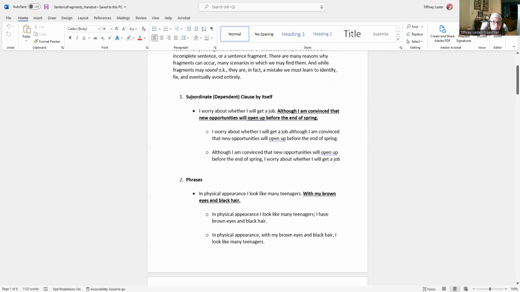Sometimes we end up with a sentence fragment because we have used a subordinating conjunction. You remember learning about those in the useful words lesson. We've used a subordinating conjunction, but forgot to attach that dependent clause to an independent clause.